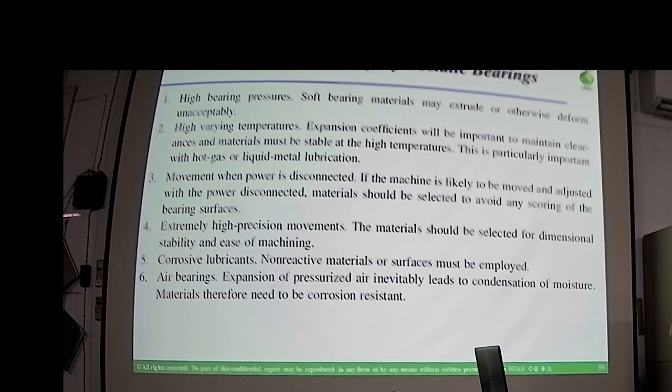Okay? And also for the hydrostatic bearing running in very small film gap thickness, you will have a higher temperature generation between the lubricant and the bearing surface. Okay? So the material should be temperature stable.